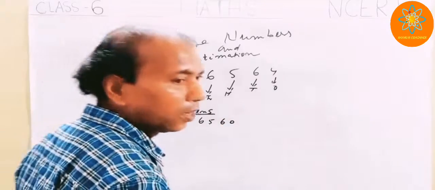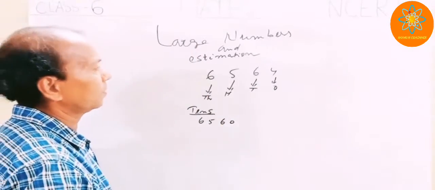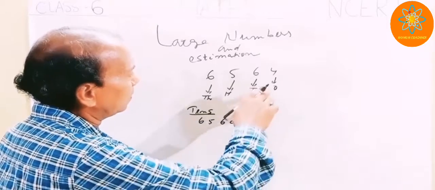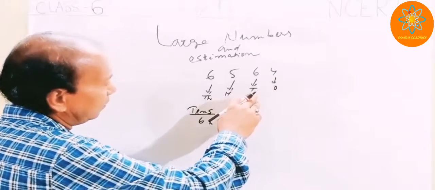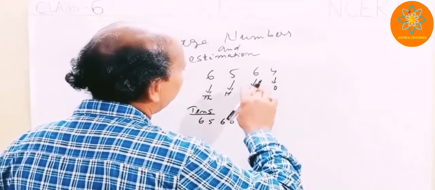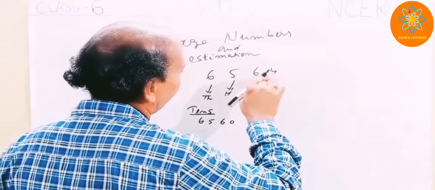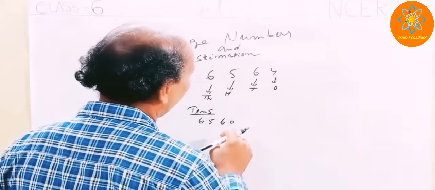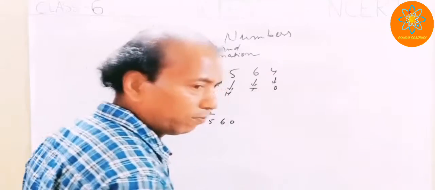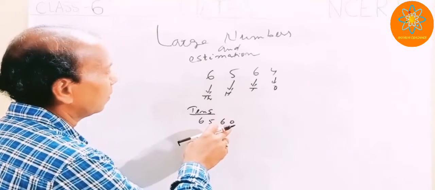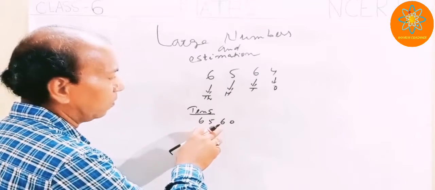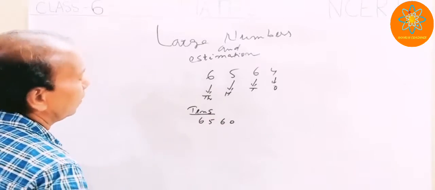Why? Because the number previous to this 6 is 4. So it is not greater than 5, so the next number will not be changed, not added.